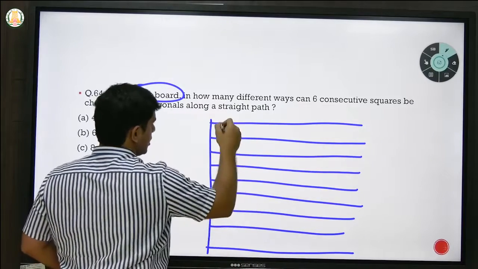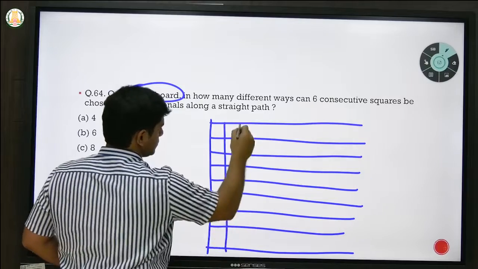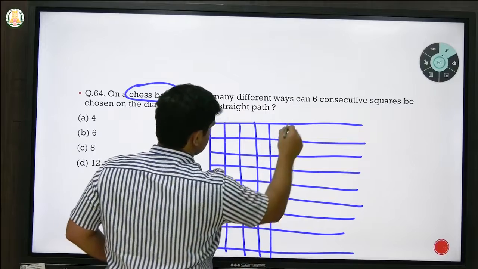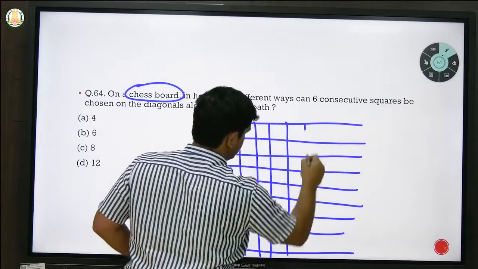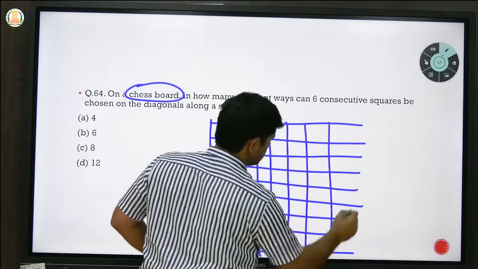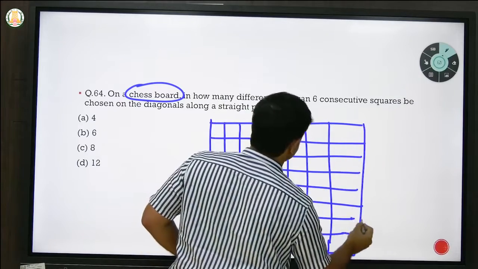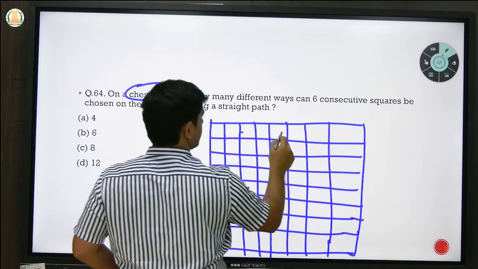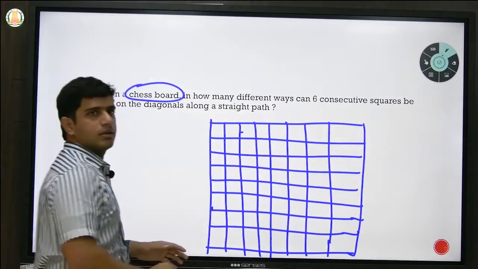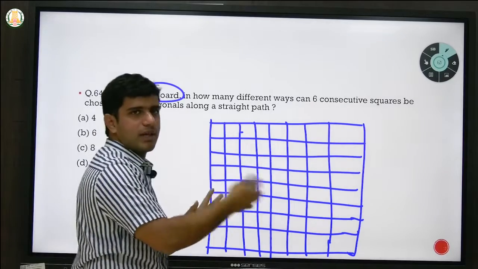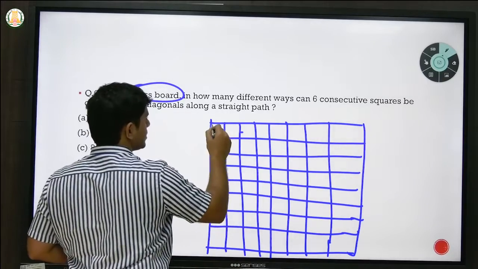So 8 rows. Now we'll draw 8 columns. Okay. So we have an 8x8 square, and we also know that alternate squares are white and black. So let's assume this to be black.